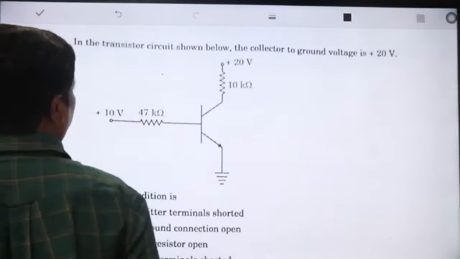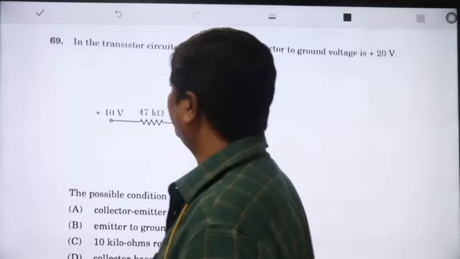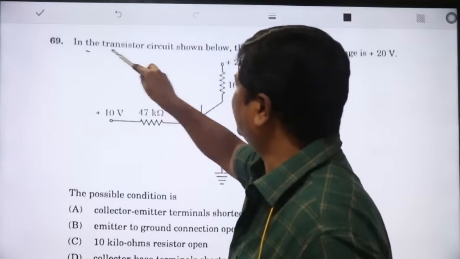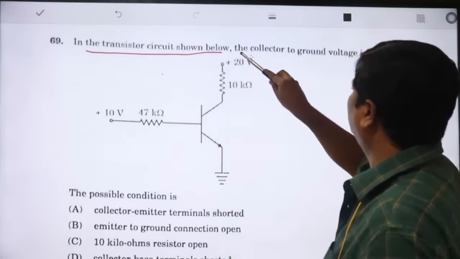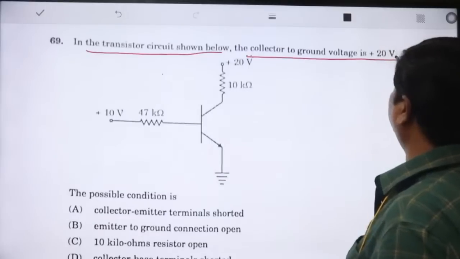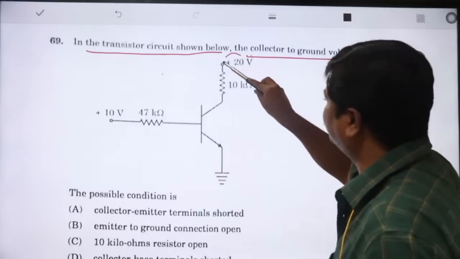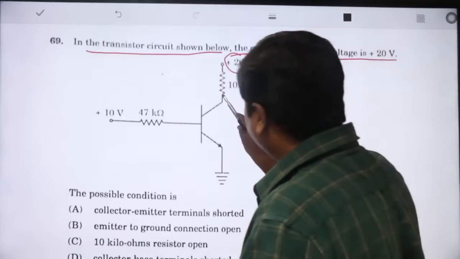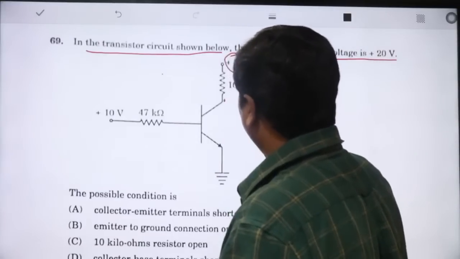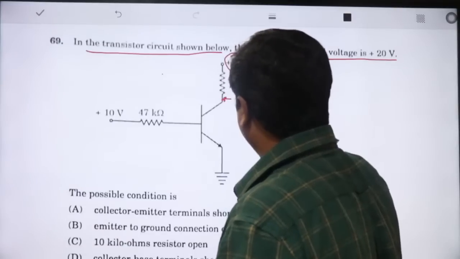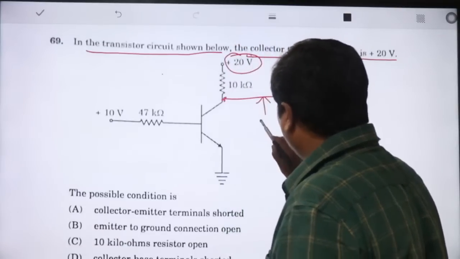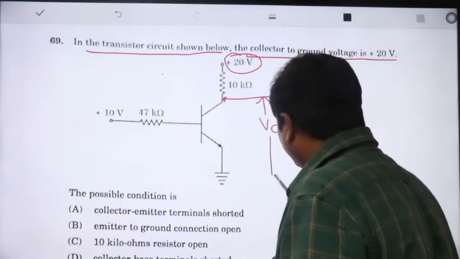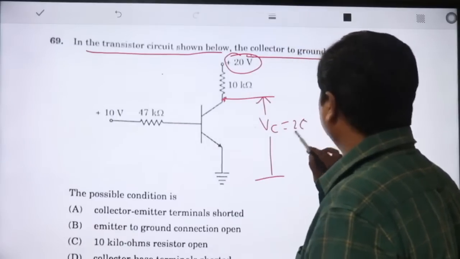See here, in the transistor shown below, the collector to ground voltage is plus 20 volts. This is the collector point. We need to get the voltage VC equal to 20 volts.